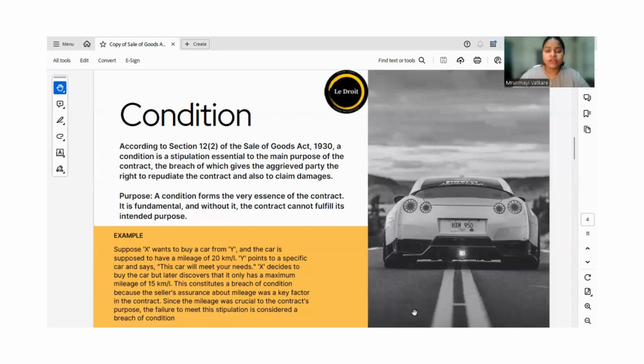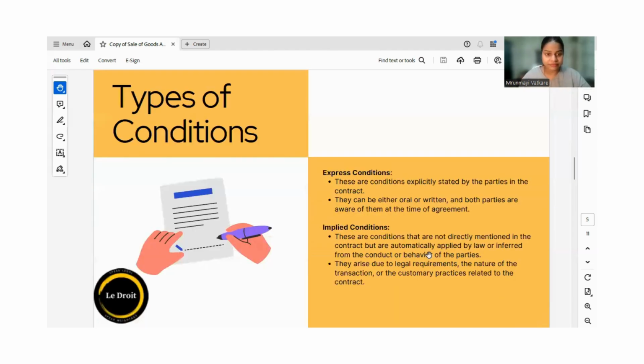This constitutes a breach of condition because the seller's assurance about mileage was a key factor in the contract. Since the mileage was crucial to the contract's purpose, the failure to meet this stipulation is considered a breach of contract. Now that we have understood conditions, let's move ahead.